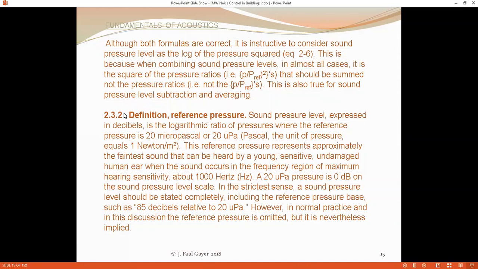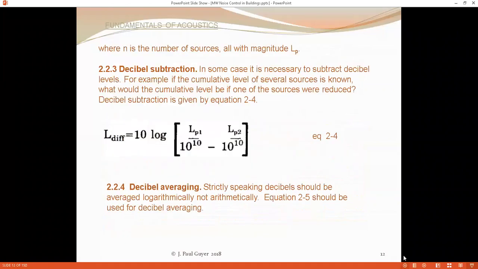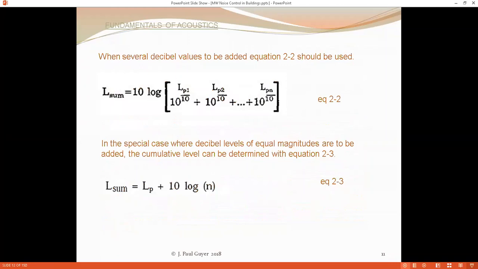I'm having a difficult time with the slides. Okay, now I finally found what I need to find. So let's get back here.